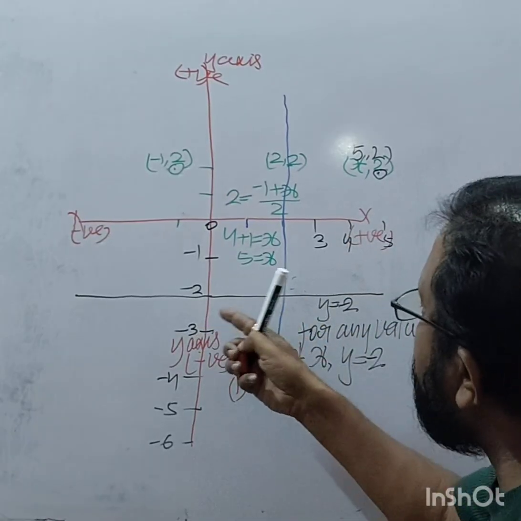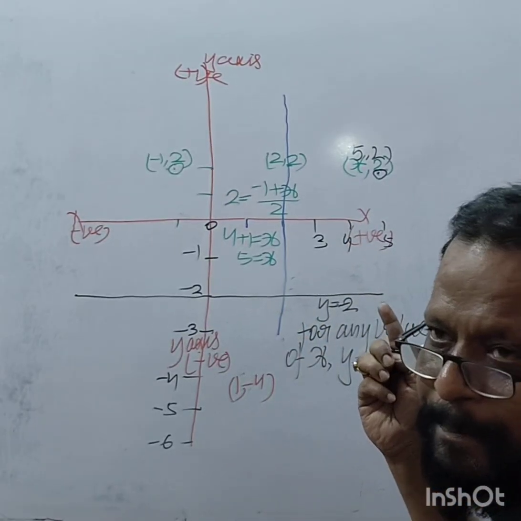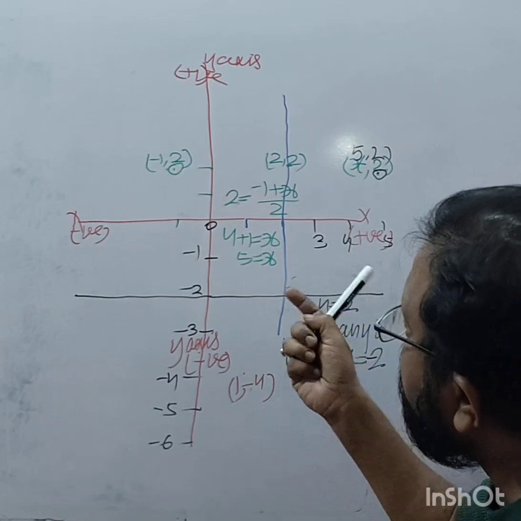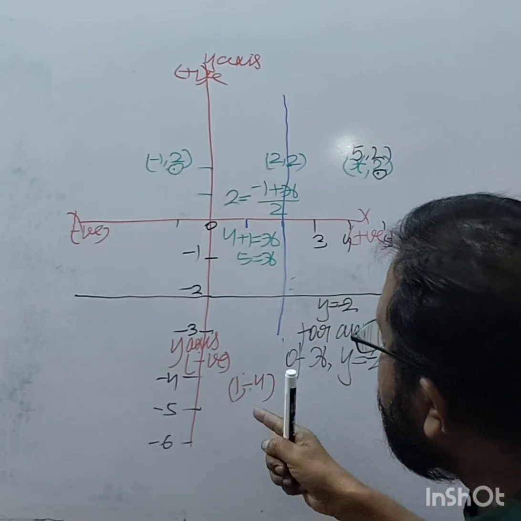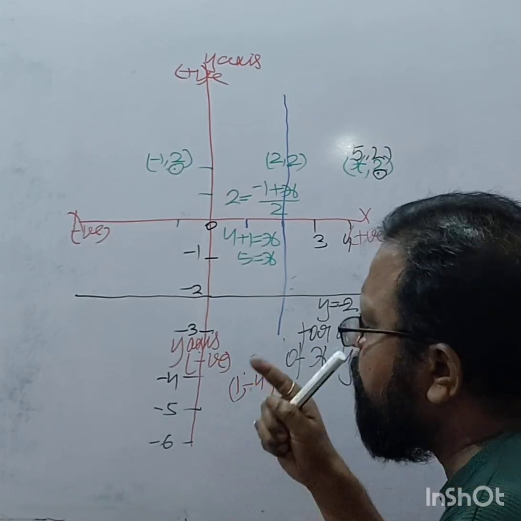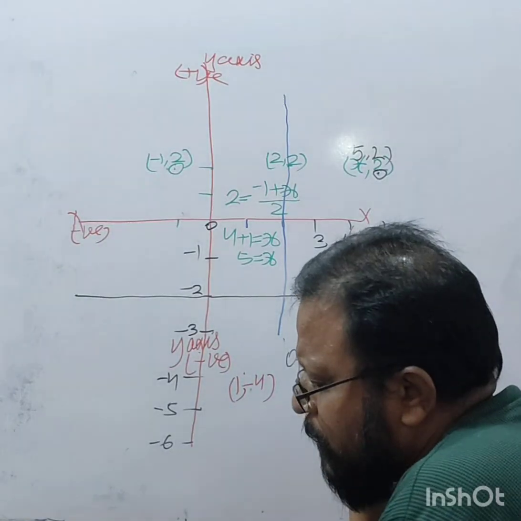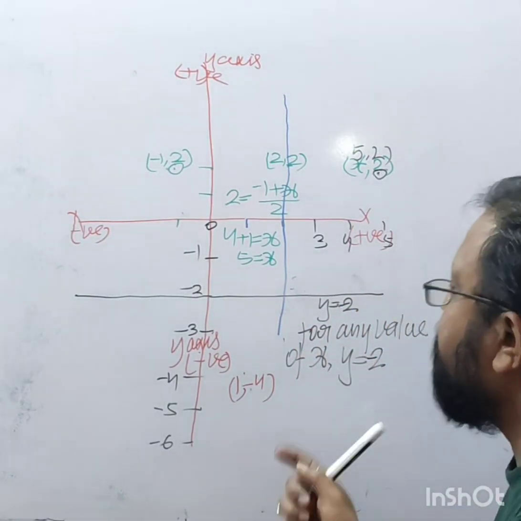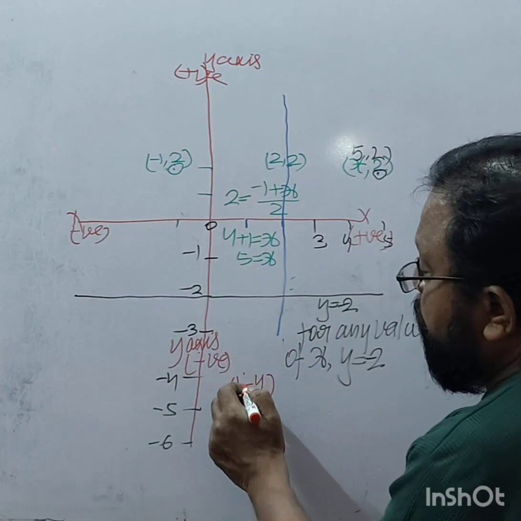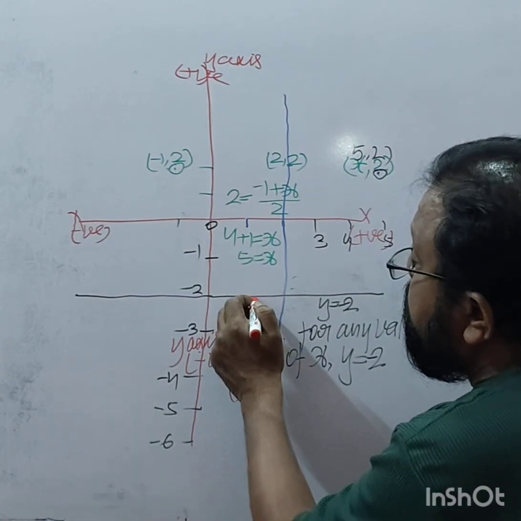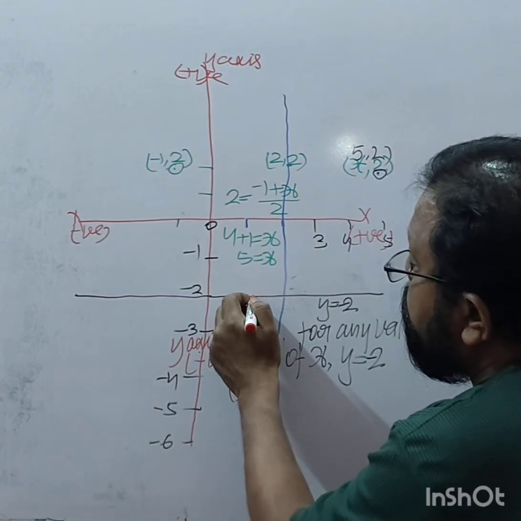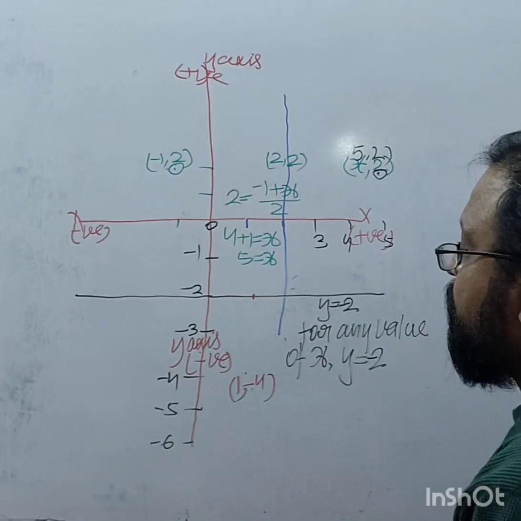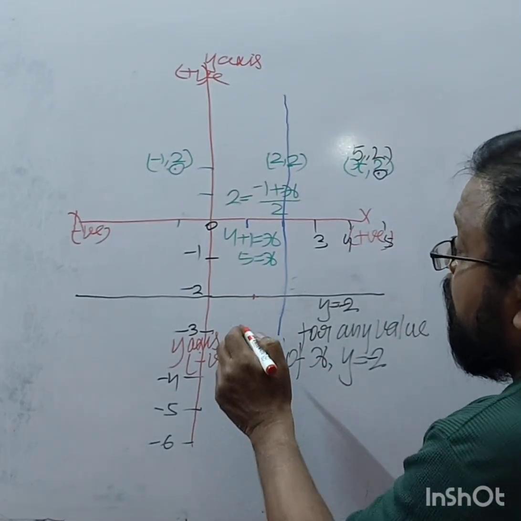So for any value of x, y becomes minus 2, right? So when this line passes from here, its coordinate will be what?